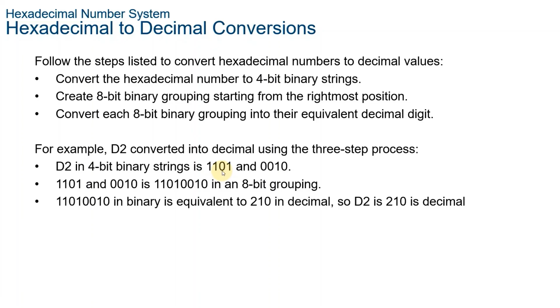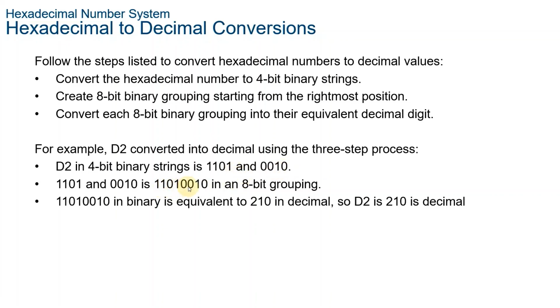How did we get 0010 for 2? Again, via positional values 8, 4, 2, 1, you've got 1 on the 2, so that would be 2. Then we just have to append these two values.